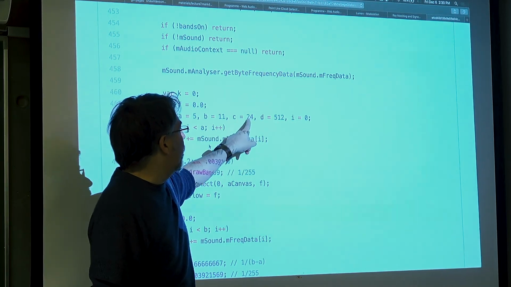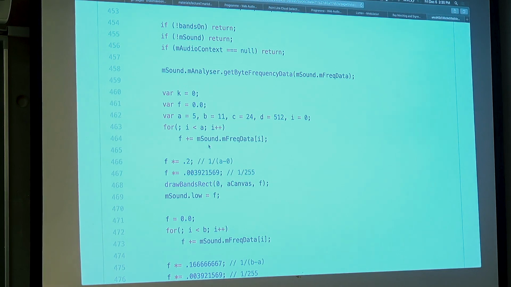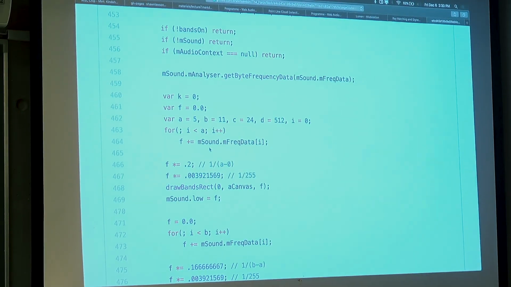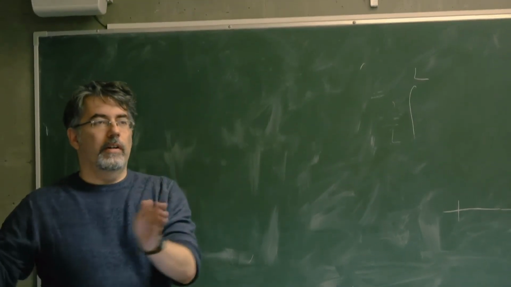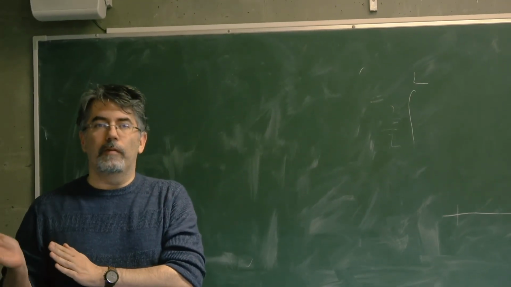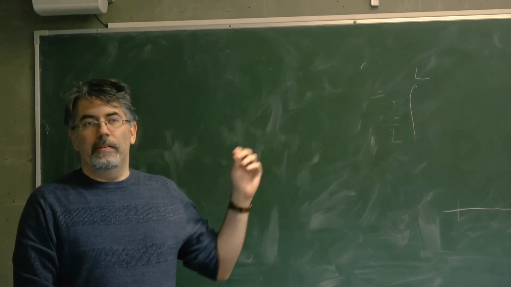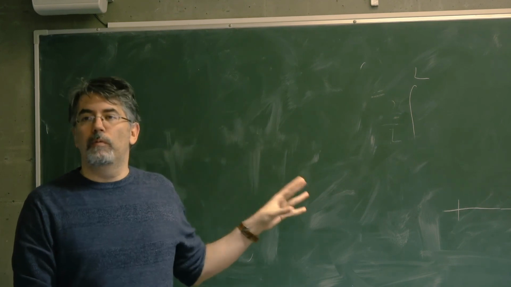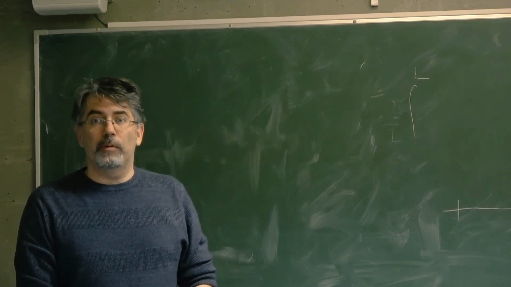And the high frequency bins are going to be 24 through 512. And this is because pitch is perceived logarithmically, but the FFT bins are all spaced linearly apart from each other. So you have many fewer bins in the low frequencies than in the high frequencies, at least perceptually.